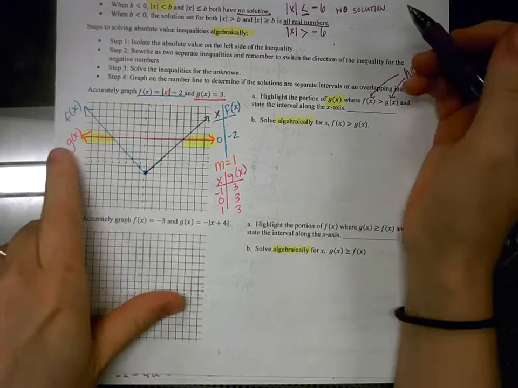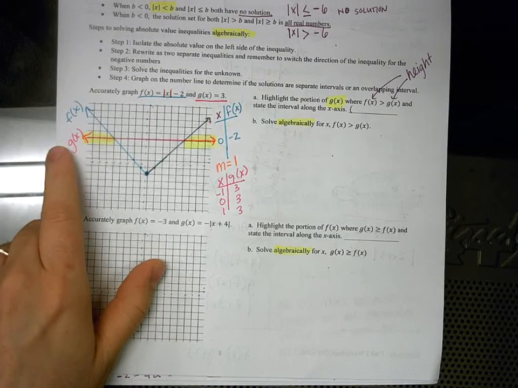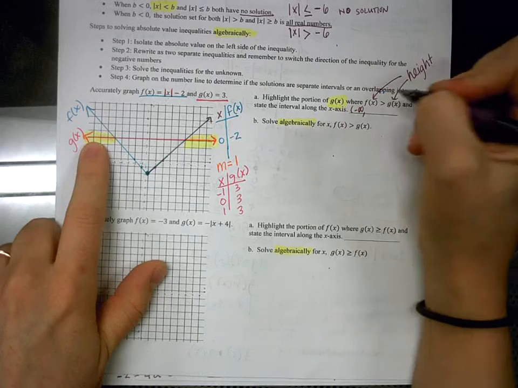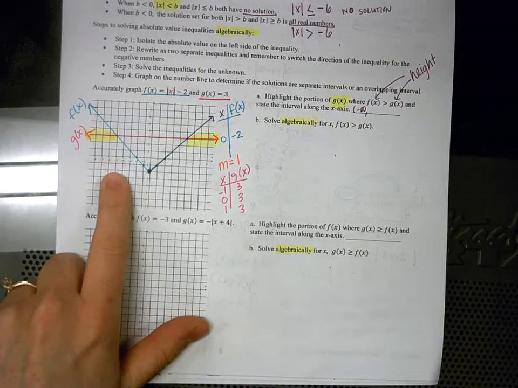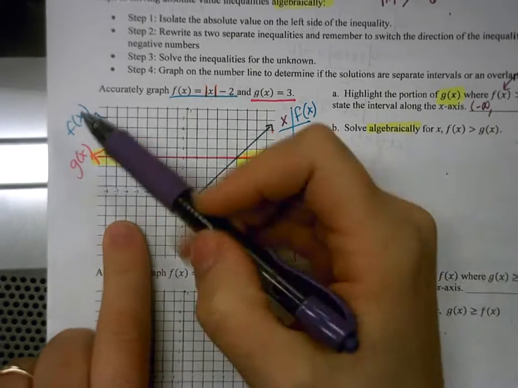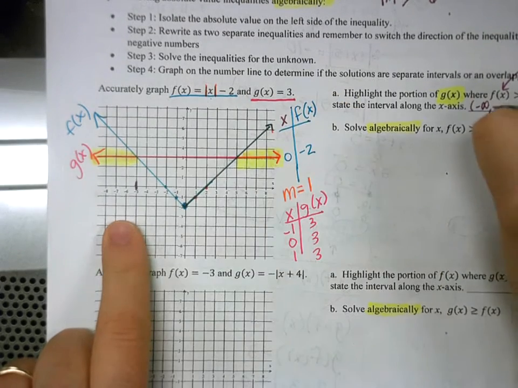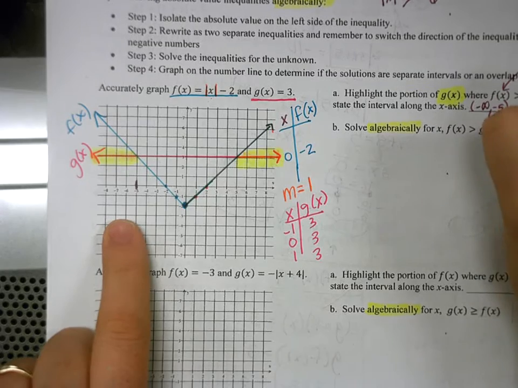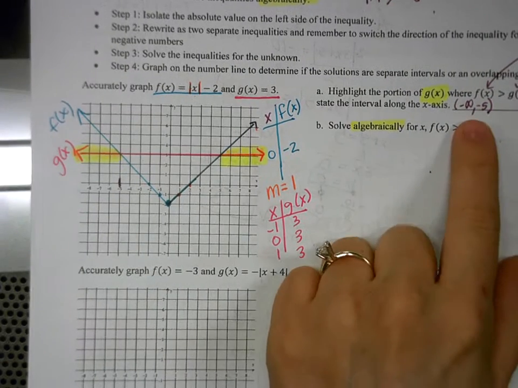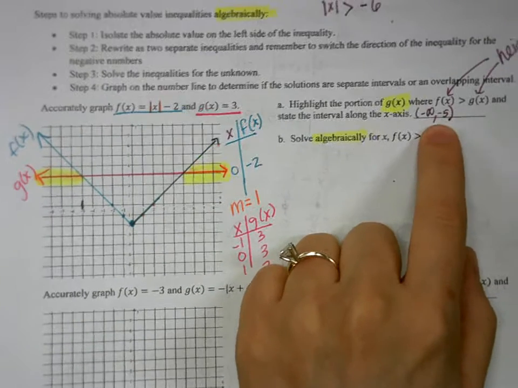So if I start on the left, my domain for the highlighted portion goes from negative infinity to what number? Domain is my x values, to negative 5. And then why am I using parentheses here?